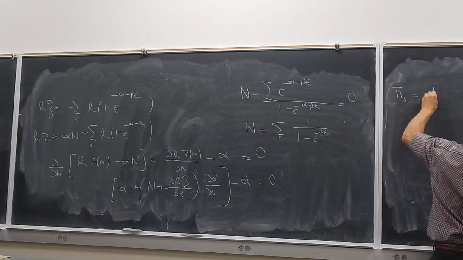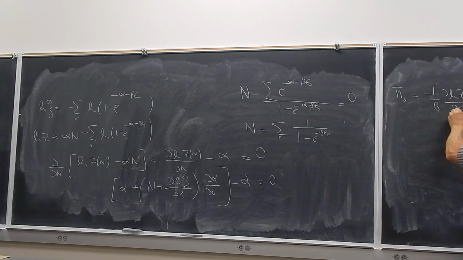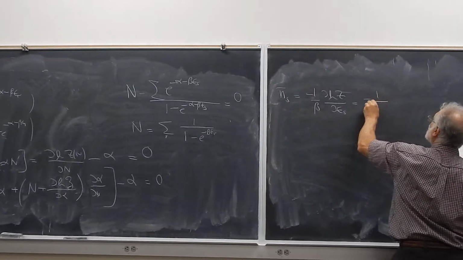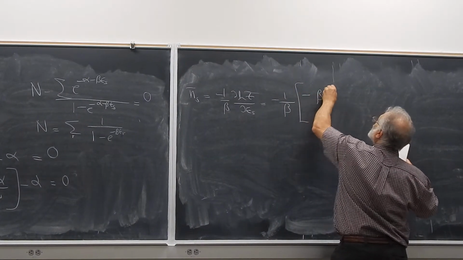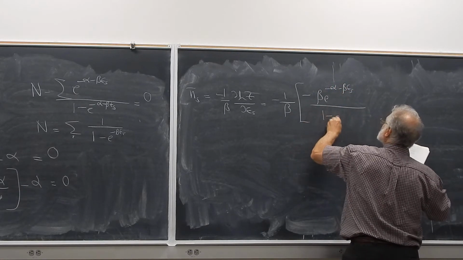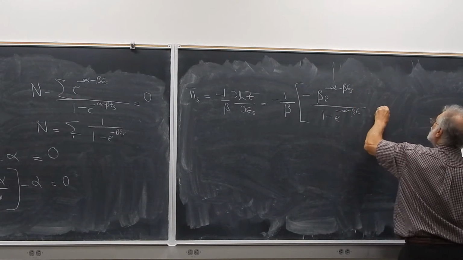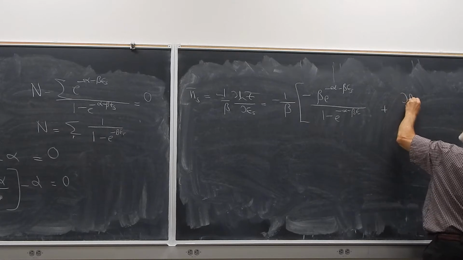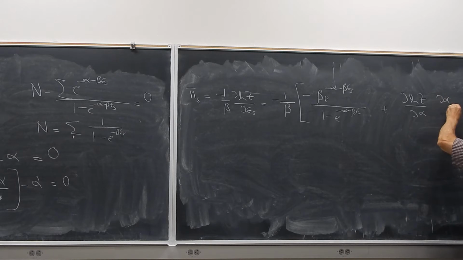then is equal to minus 1 over beta d log z dE, and that's going to be equal to minus 1 over beta times minus beta e to the minus alpha minus beta e sub s divided by 1 minus e to the minus alpha minus beta e sub s, plus d log z d alpha times e sub s.